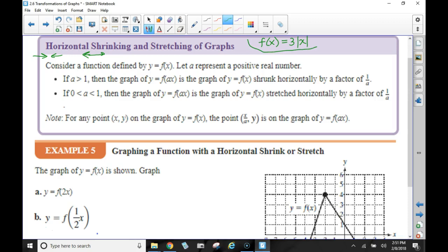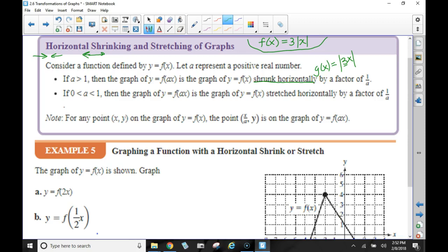That was on the last example, versus now, if you have something along the lines of g of x equals the absolute value of 3 times x, with the 3 inside there, that means we're going to have a graph that is shrunk horizontally by a factor of 1 over a, or 1/3 in that case.